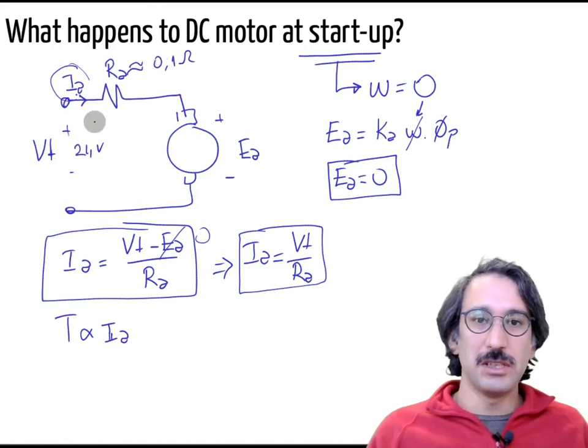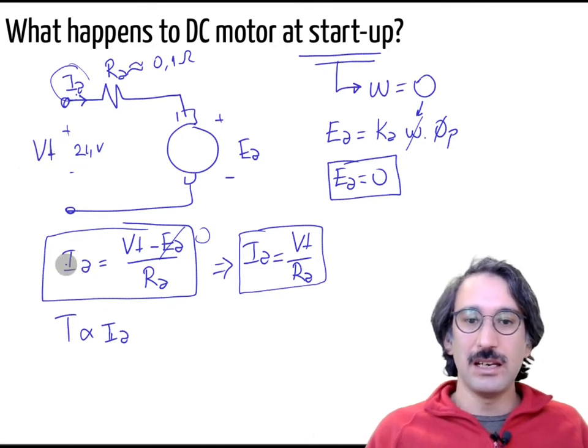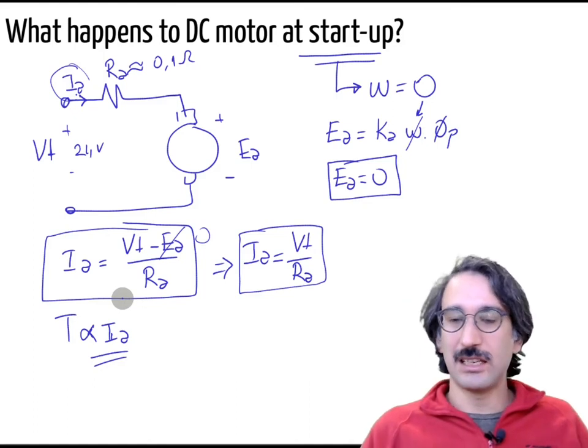So in this case you are talking about currents up to 240 amps, so that creates lots of current if you just apply a terminal voltage directly, and because of that you will have really large currents at the startup.